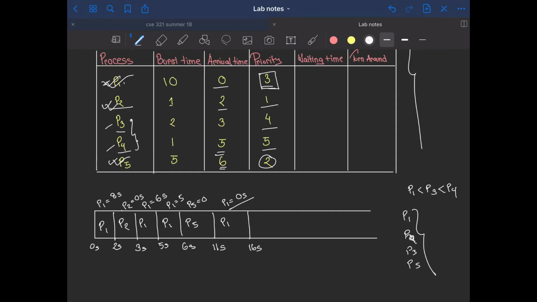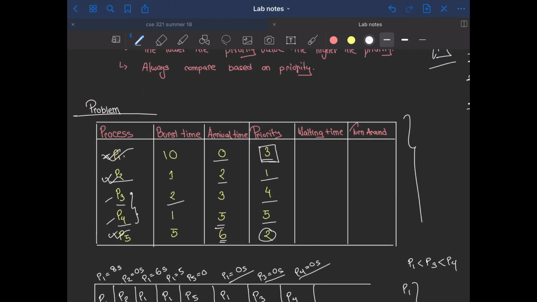Among P3 and P4, P3 is the smallest, and we haven't touched P3 either, so P3 would work for 2 seconds because its burst time is 2. So at the 18th second, P3 is completely done. And P4 has a burst time of 1 second, so P4 would work for 1 second. At the 19th second, P4 wouldn't have anything left, and all the processes would be completed.